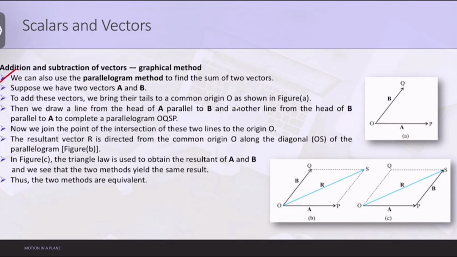Okay, so now suppose we have two vectors A and B. Okay, so let us say this is that vector A and B. Okay, so first of all, let me explain it here.